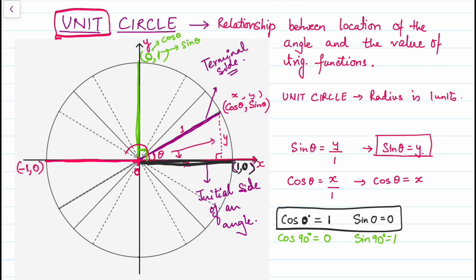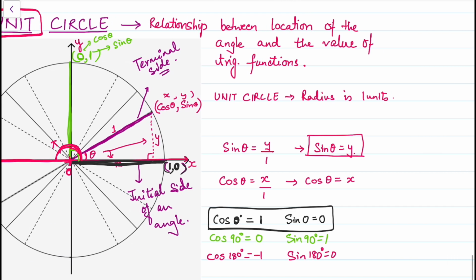And the angle here is now 180 degrees, and 180 degrees in radians can be written as pi. So we have cos 180 degrees is equal to -1, and sine 180 degrees is equal to 0, right?